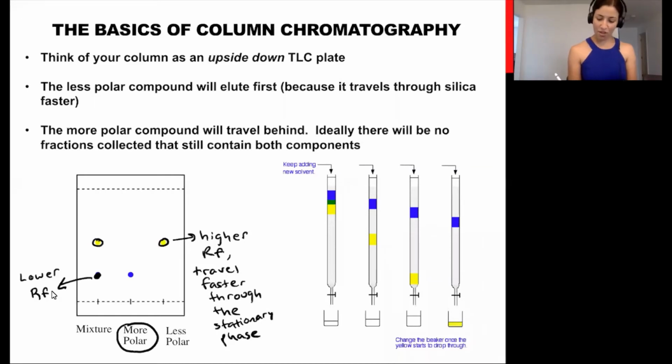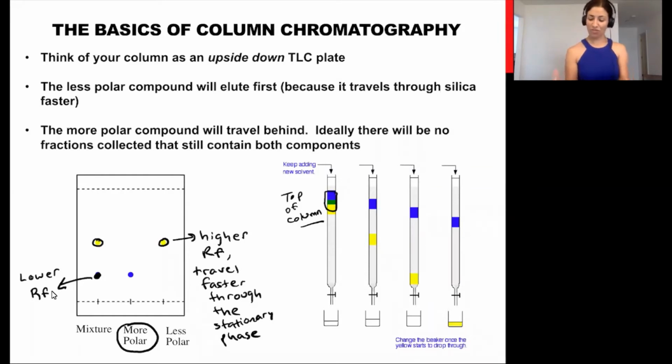So if we think about a column chromatography scenario, like the one you're going to carry out in lab, you're going to take your mixture isolated from the analgesic tablet, and you're going to load it onto the top of the column. By contrast, in TLC, we loaded it onto the bottom or the baseline of the plate.